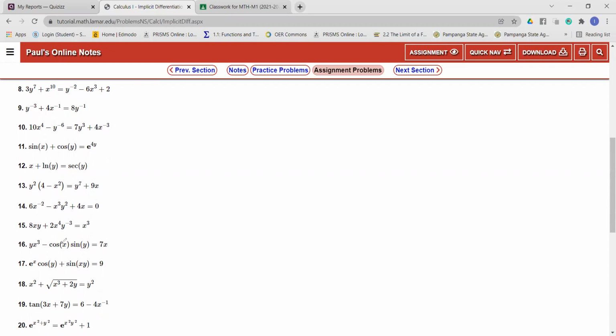So, for number 16, again, meron kang y x cubed, minus cosine x sine y equals 7x. Yan. So, paano kumuha ng derivative? Again, product rule tayo. So, derivative of the first, derivative of y is 1 times the second.